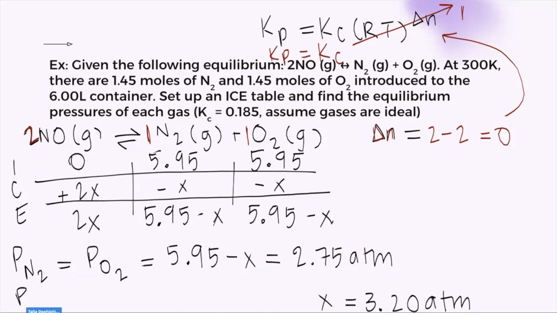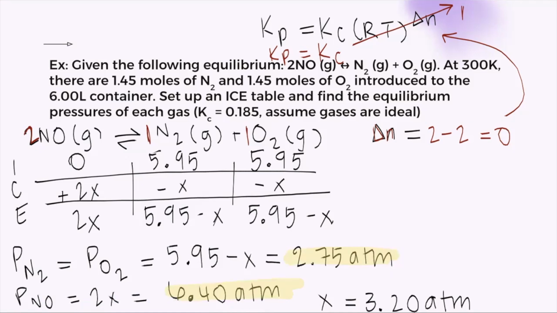And the pressure of NO is going to be 2X, which is 6.40 atmospheres. So those are the answers that we get for this problem.